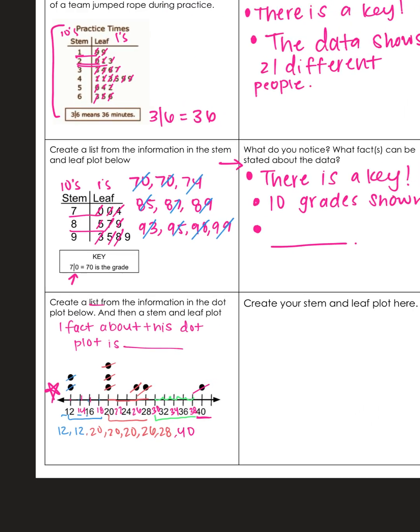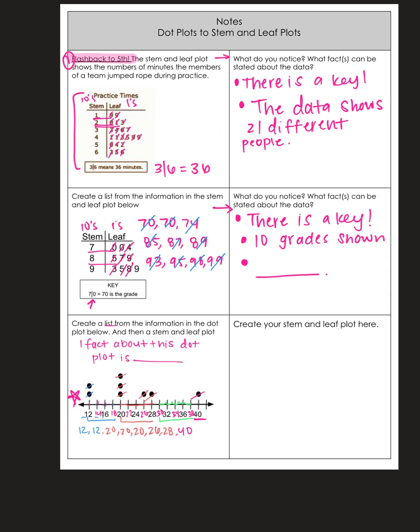Now that you've written your fact, we're going to create our stem and leaf. So we start with stem, we move on to leaf, and then we're going to write our key out. So for our key, we're going to say that a 1/2 means 12.